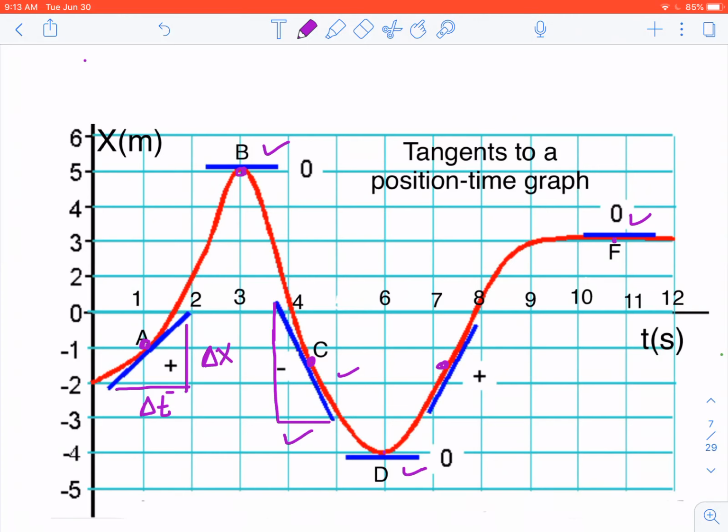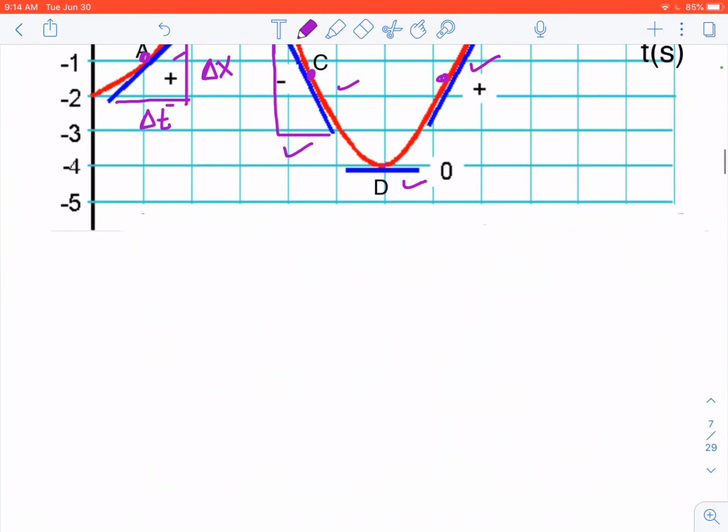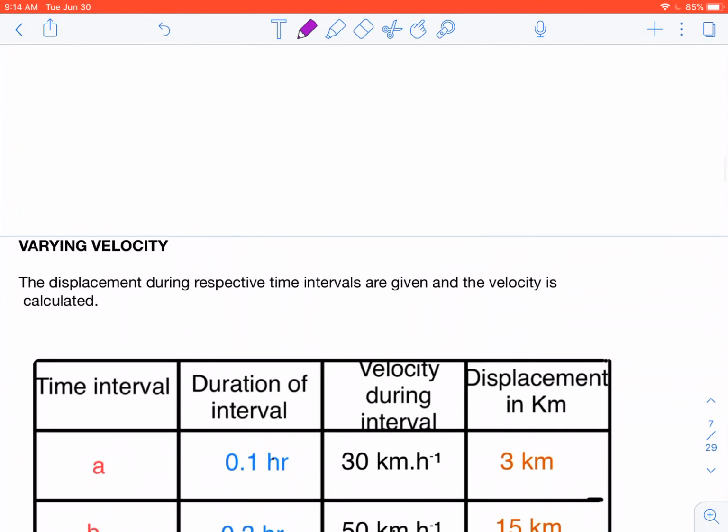Here it's 0, there is positive, and the slant is the same as that. So you need to determine the slope, and from the slope or the steepness, you should be able to determine whether the velocity is increasing or decreasing. That's important because we're going to still be dealing with that.